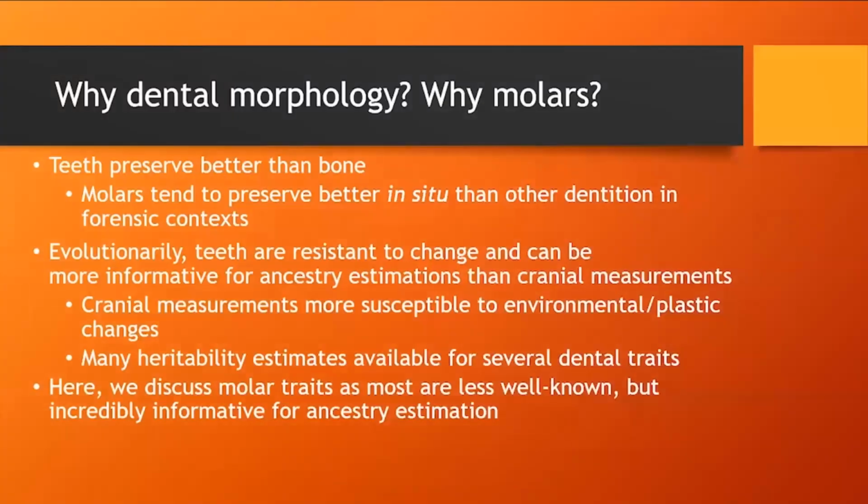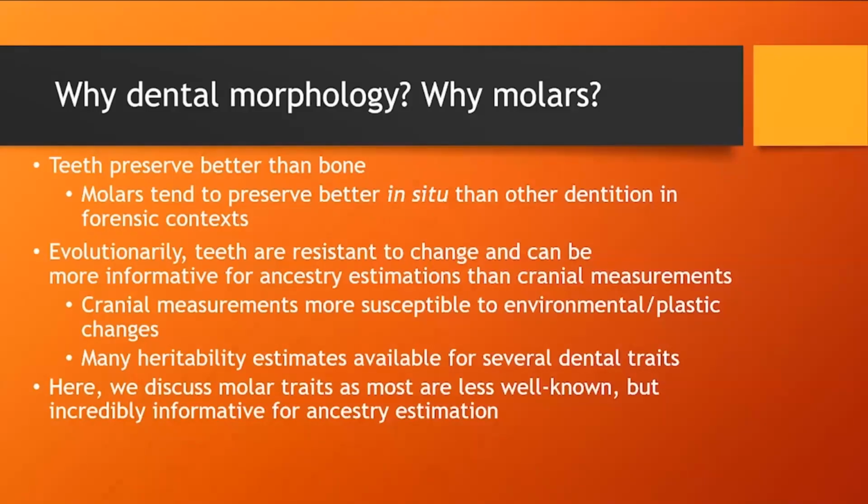So let's start with some background about why we're having this conversation about dental morphology at all. As you are often taught in classes, teeth preserve better than bone. But why are we going to talk today mostly about molars? First of all, molars tend to preserve better in situ than other dentition in forensic contexts.